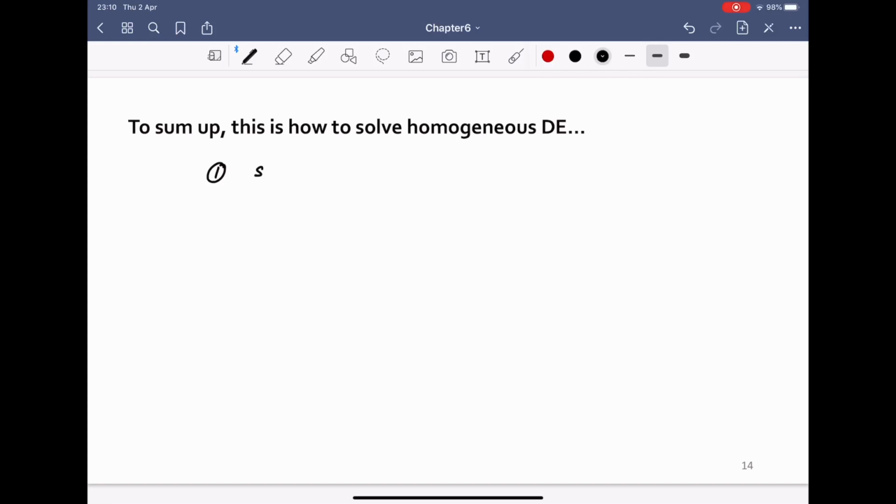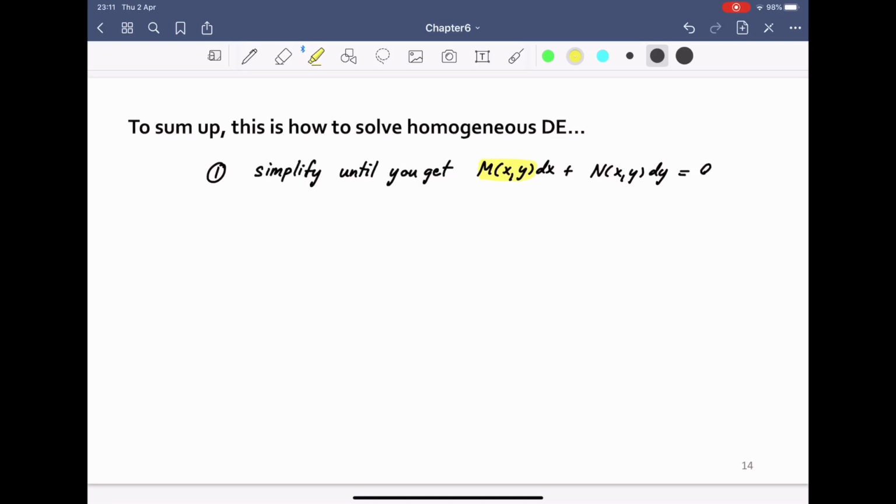First, you simplify it. Simplify until you get M(x,y) dx plus N(x,y) dy equal to 0. This is the standard form of homogeneous differential equation.